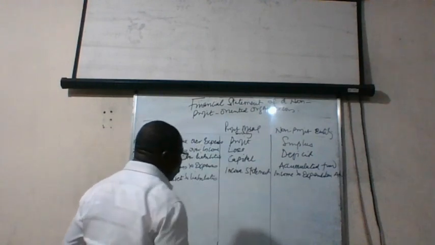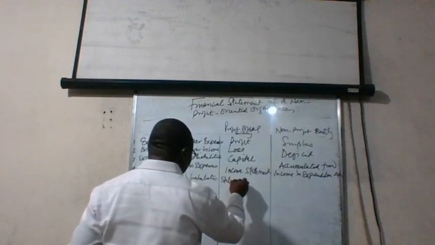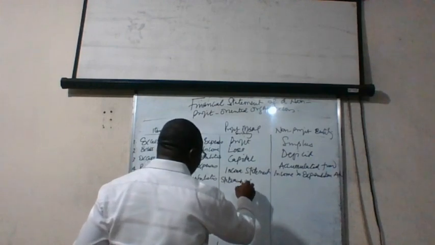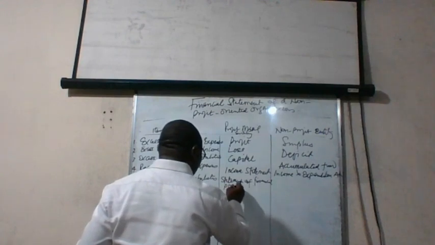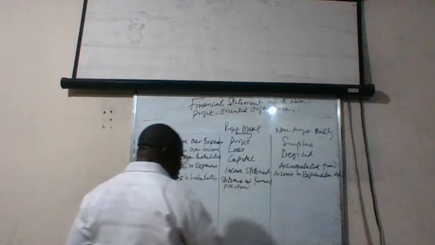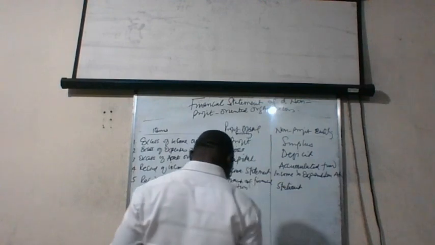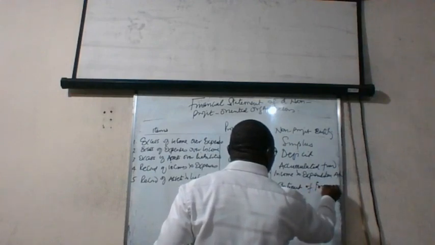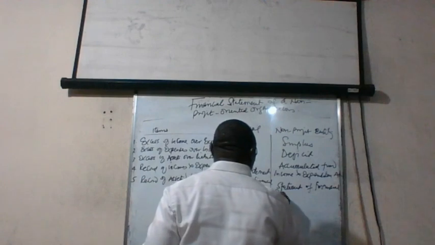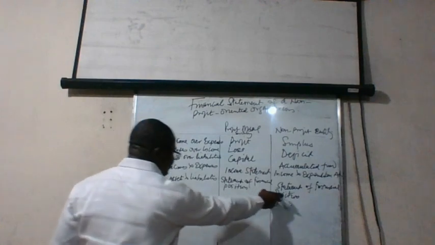The profit-making organization will call this the statement of financial position, while the non-profit will call it the statement of financial position too, so this is what they have in similar.